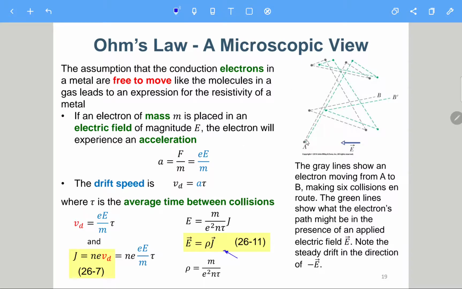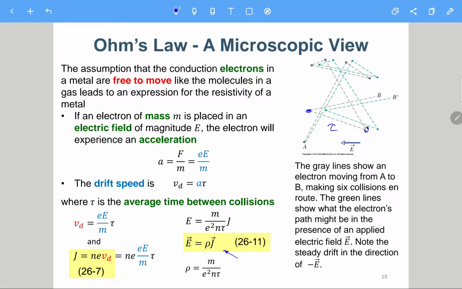Which means initially it is stopped, and then it is accelerated by the E field, and then it may collide with others. We also assume it stops again and then accelerates again. So in this case, the drift velocity will be a times the time tau, because it is stopped here, and on average it takes tau to collide the next time.